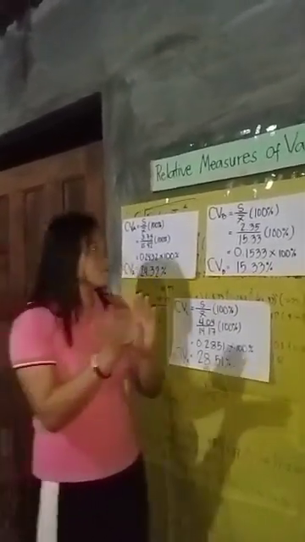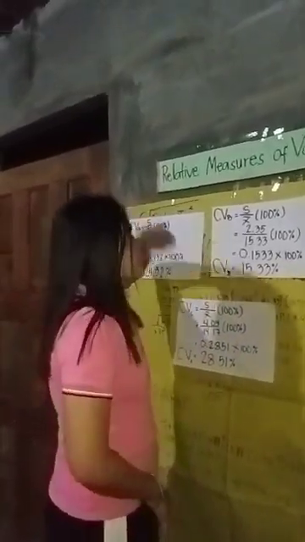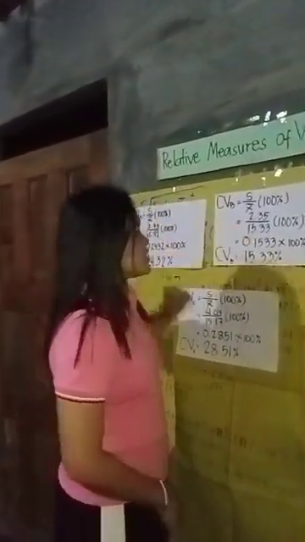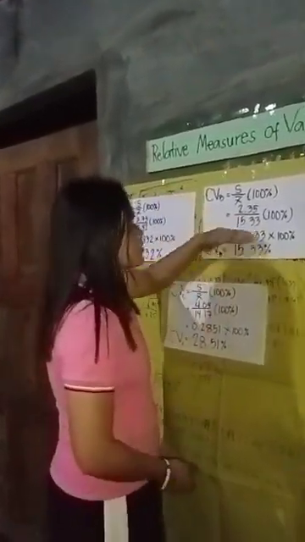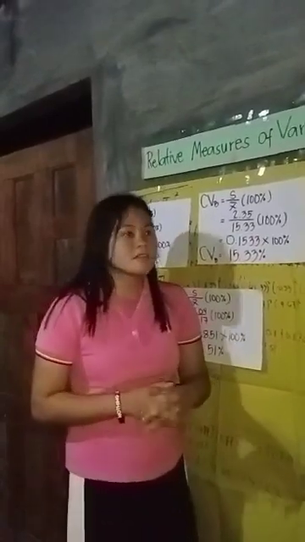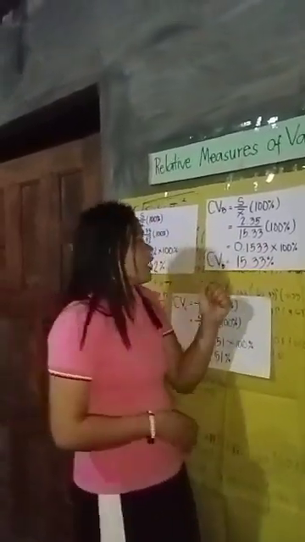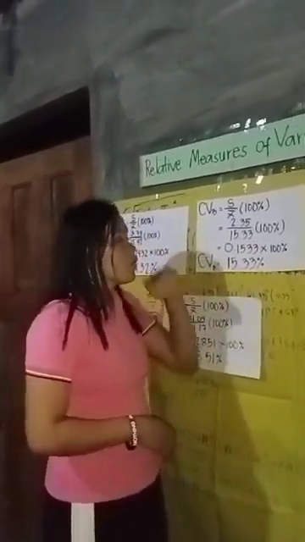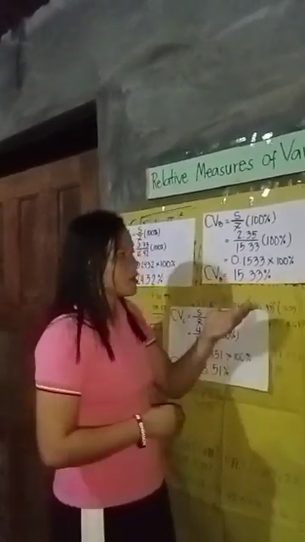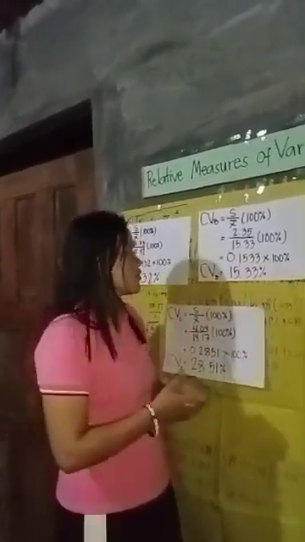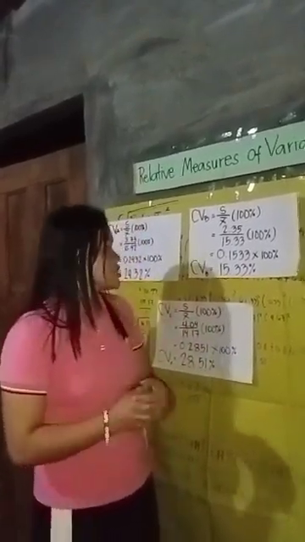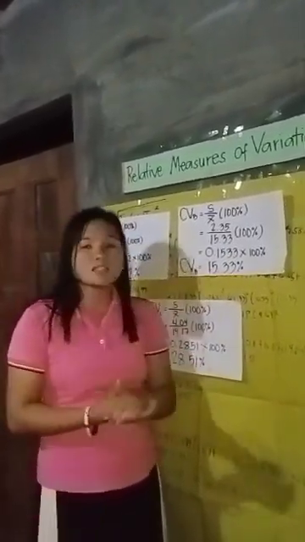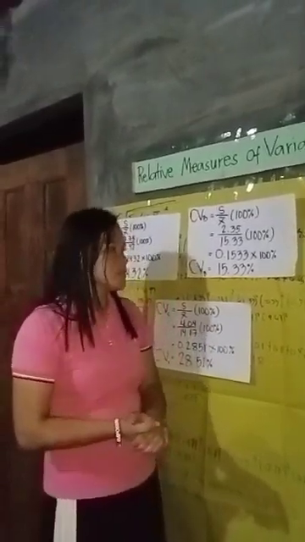So in section B, the standard deviation is 2.35 and then the mean is 15.33. When we divided it, the answer is 0.1533, multiplied by 100%, so therefore the answer is 15.33%. In section B, the coefficient of variation is 15.33%.